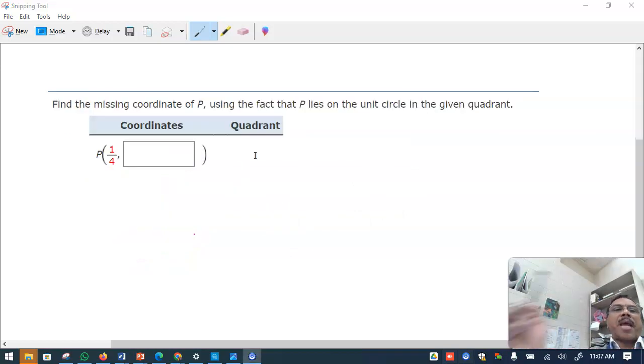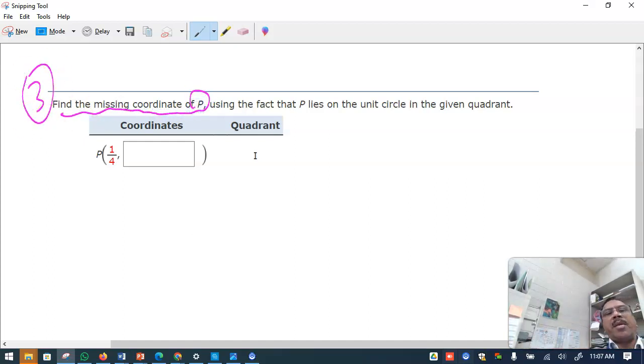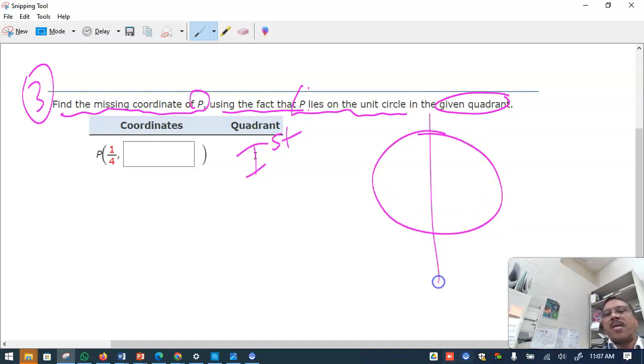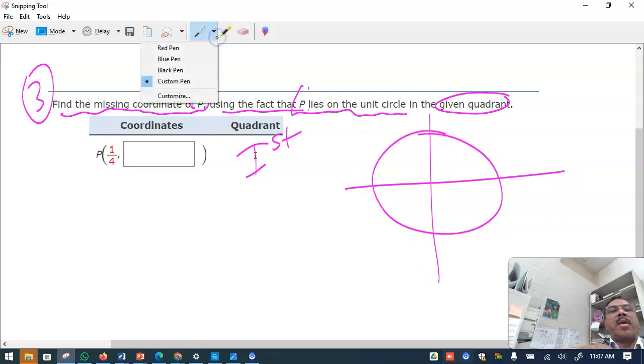So another different type of question could be, let's see, this is 3. Find the missing coordinates of the point P using the fact that P lies on the unit circle. That means they gave you which quadrant P lies in. So here it says first quadrant. That means if I try to draw a unit circle, the point P is lying somewhere here.